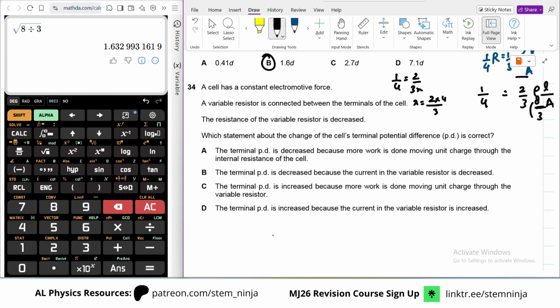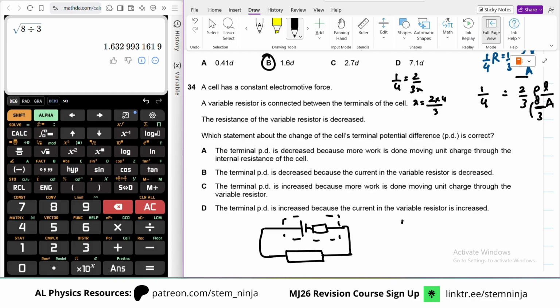Wait a second. So you have an EMF supply, and then you have a variable resistor, and you have an internal resistor also. If the resistance is decreased, E is equal to IR plus Ir.